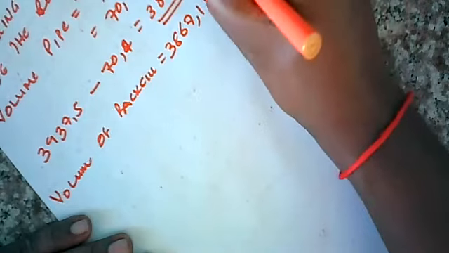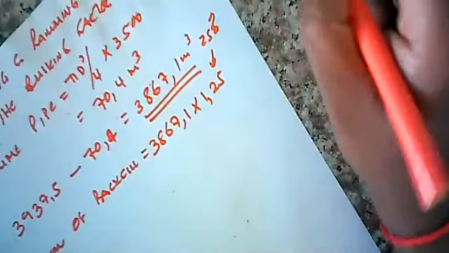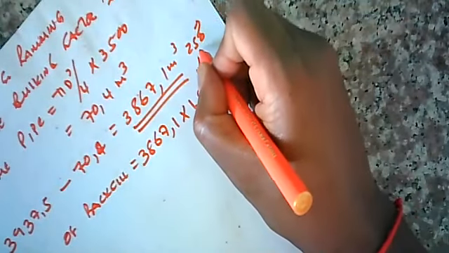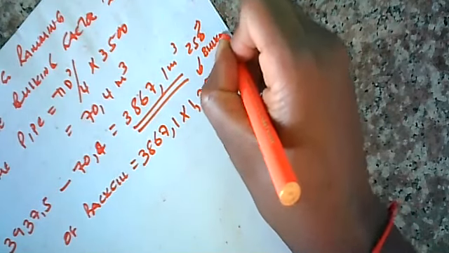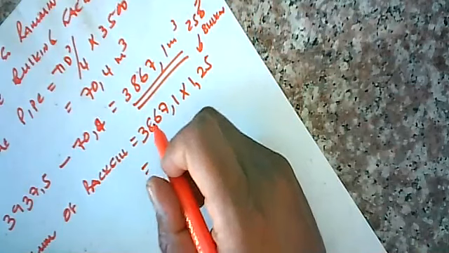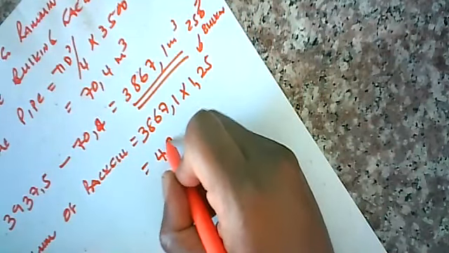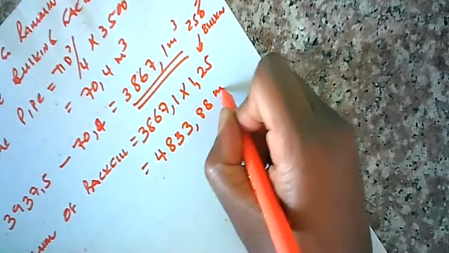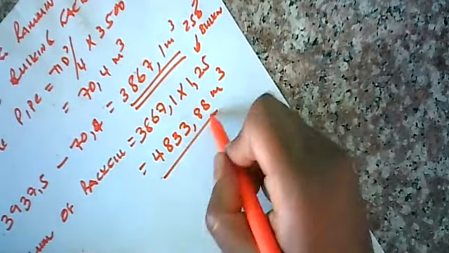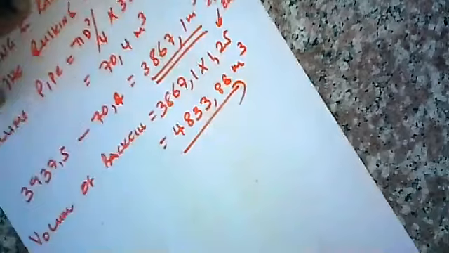What is this? 25% bulking. All right, and now that gives us more. So we've got more to deal with.